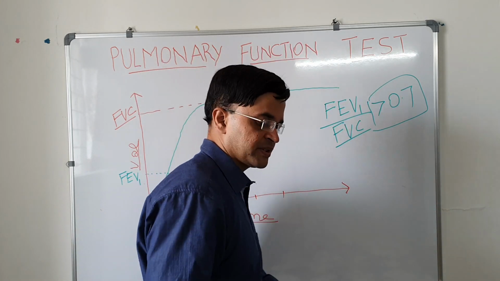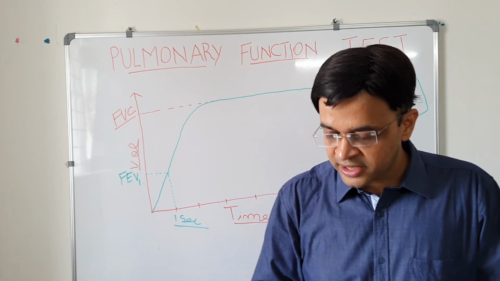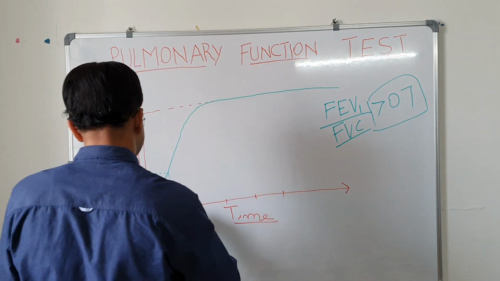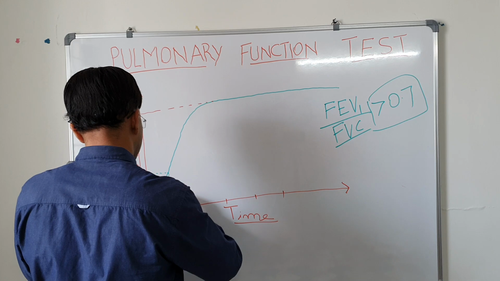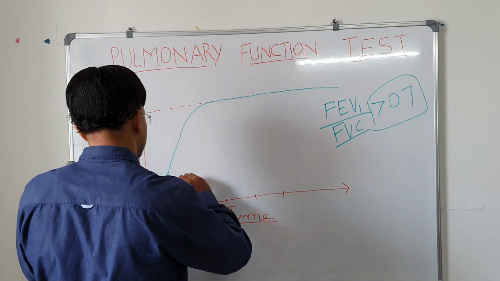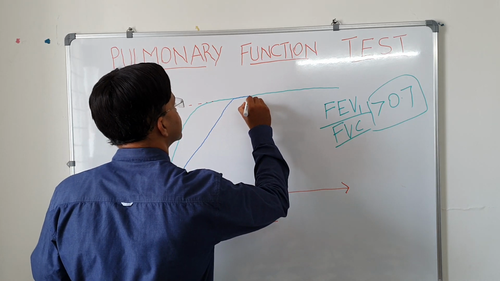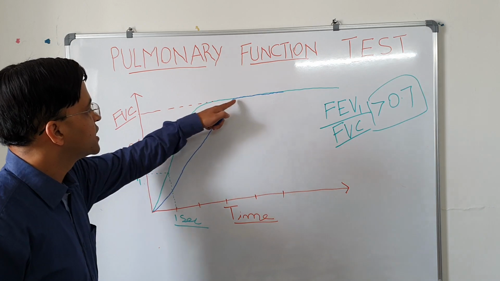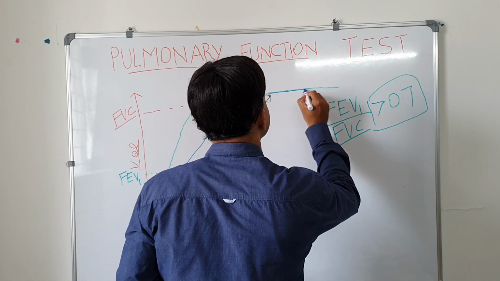Now suppose I draw a graph like this. It is a late start, but ultimately it is reaching its total capacity. So what can we infer from this?